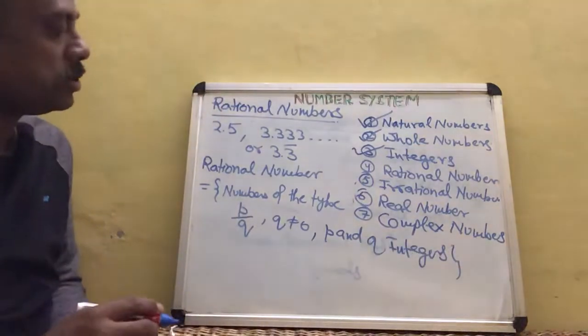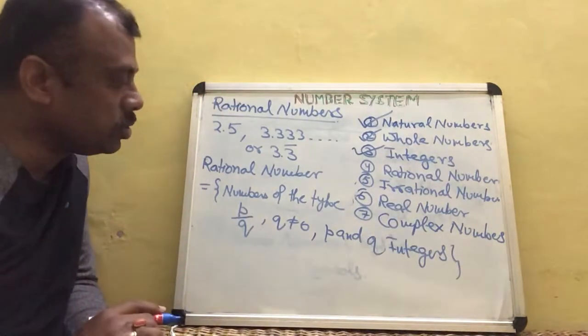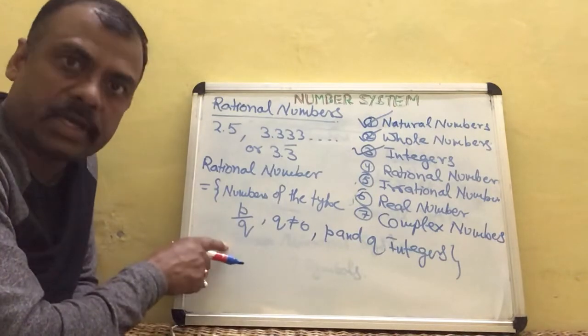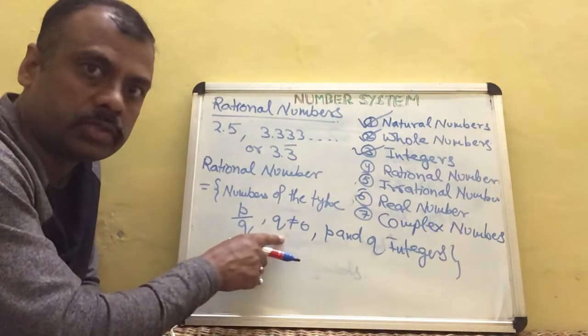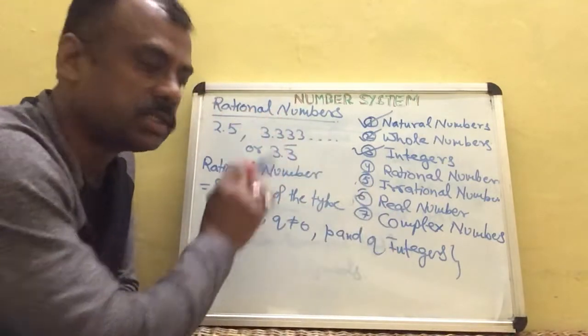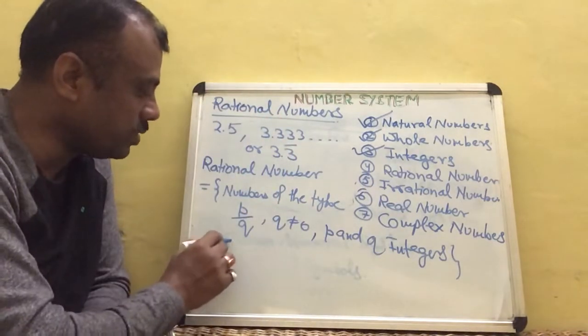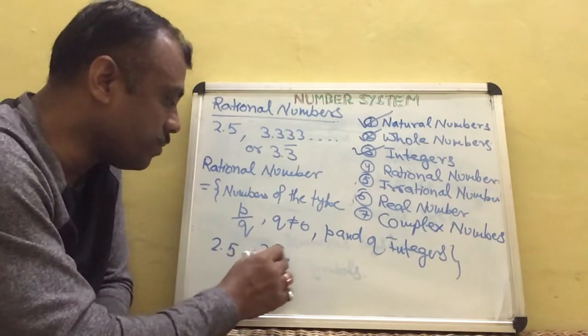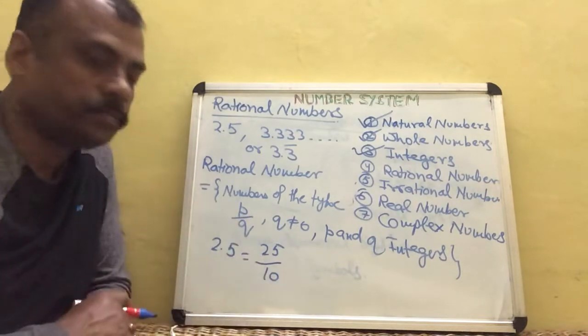So rational numbers are those numbers which can be shown in the form of p by q, where q not equals to 0 and p and q are integers. For example, this 2.5 can be written as 25 by 10.